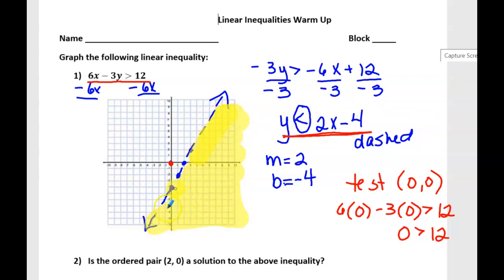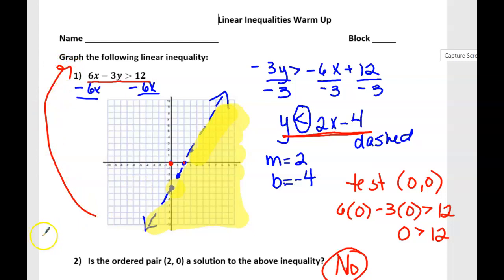Okay. So the next question's asking us, is the ordered pair 2, 0 a solution to the above inequality? If you notice, the point 2, 0 is right there on the dashed line. Because it's on the dashed line, it's actually not part of the solution set. So we're going to say no. We can do that by looking at the ordered pair on the graph, or we can plug the value 2, 0 back into this inequality.